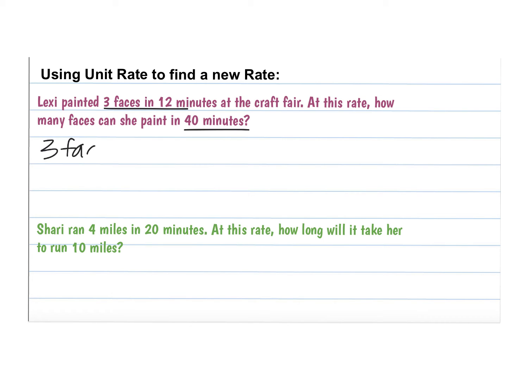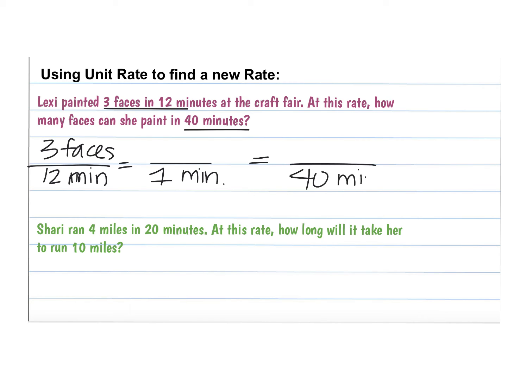So we know that she can do 3 faces in 12 minutes. We want to know how many faces can she paint in 1 minute. So then therefore, we can get to 40. So I'm going to divide 3 and 12 both by 12 because 12 divided by 12 is going to get me to 1. 3 divided by 12 is 25 hundredths, which means that she paints a fourth of a face every minute.